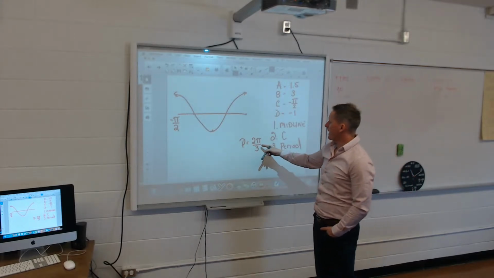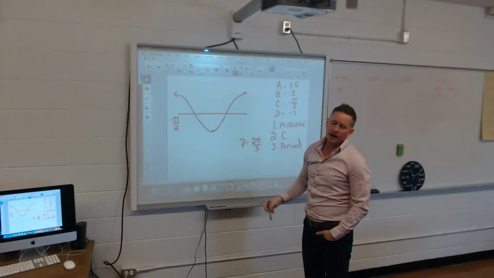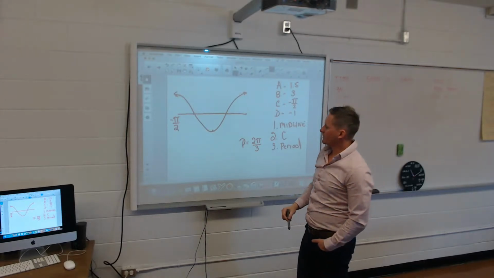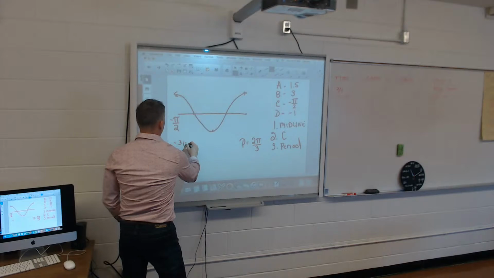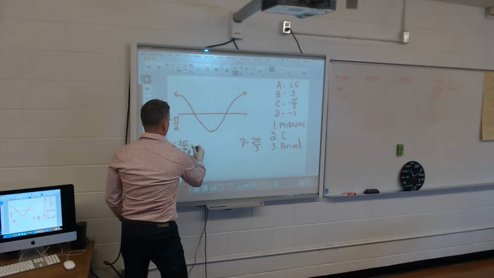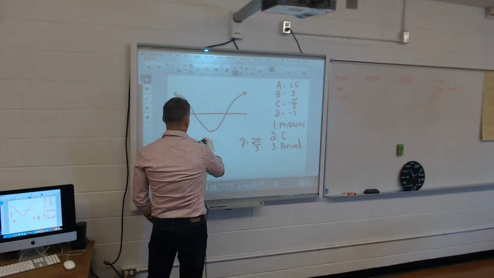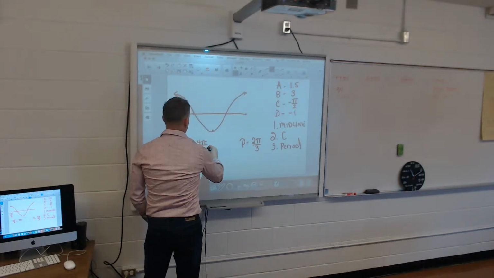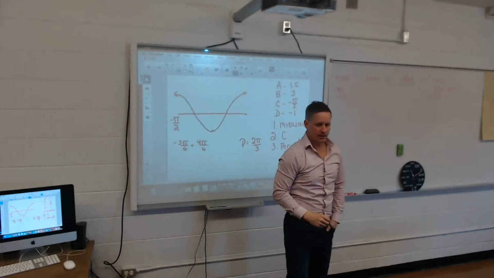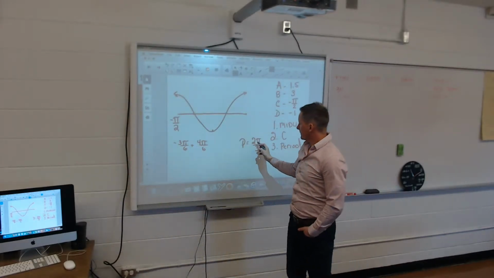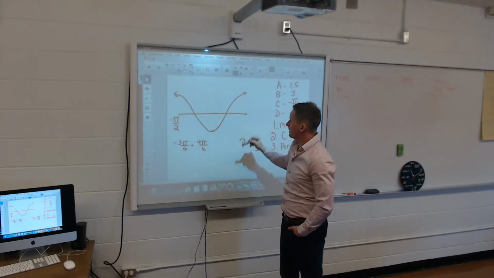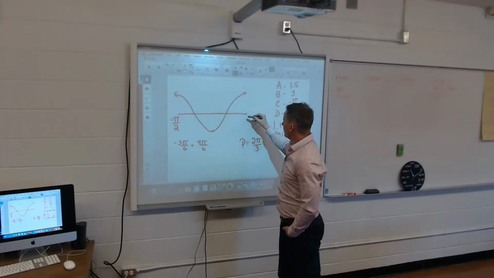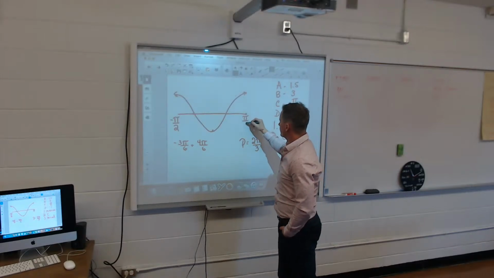To do that, I'm going to add 2 pi over 3 to minus pi over 2. That's minus 3 pi over 6 plus 4 pi over 6, to get to this point right here, which gives me 1 pi over 6.